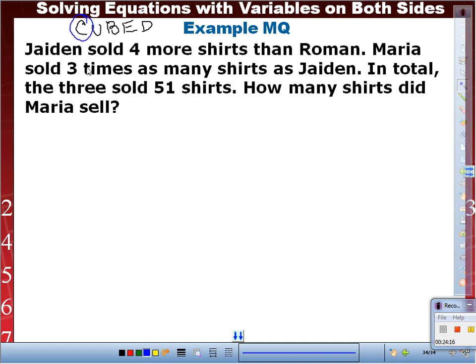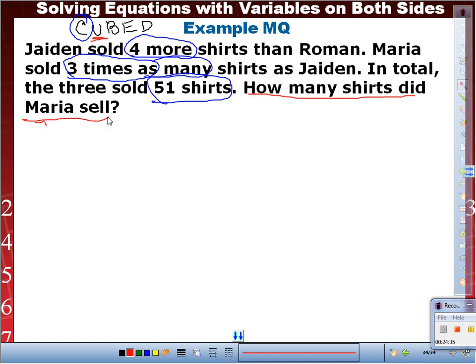The C stands for what? Circle important numbers. What are important numbers? 4 more, 3 times as many, and 51 shirts, okay? Underline the question. What is the question? How many shirts did Maria sell? Double underline Maria because that's the one that we need to focus on.